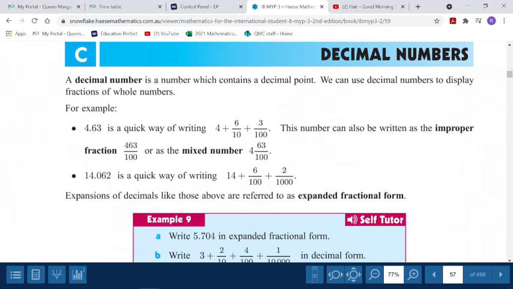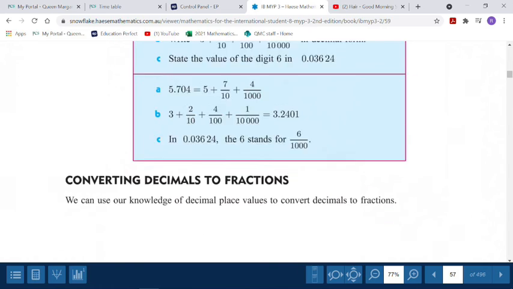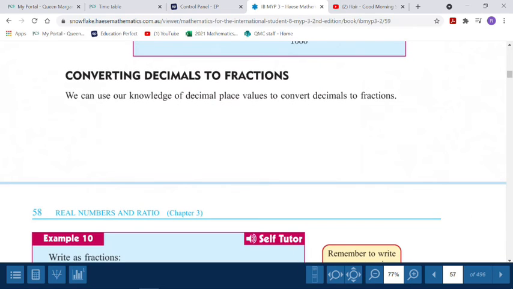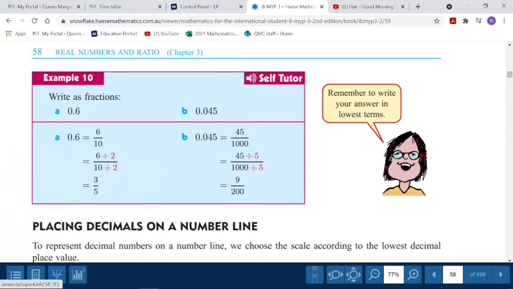So they give you lots of different fractions here, and you can write them in lots of different ways. Don't worry about this expanded form. Worry about this one, converting decimals to fractions. So all you're going to do to write it as a fraction, we don't have to do all this long division part.